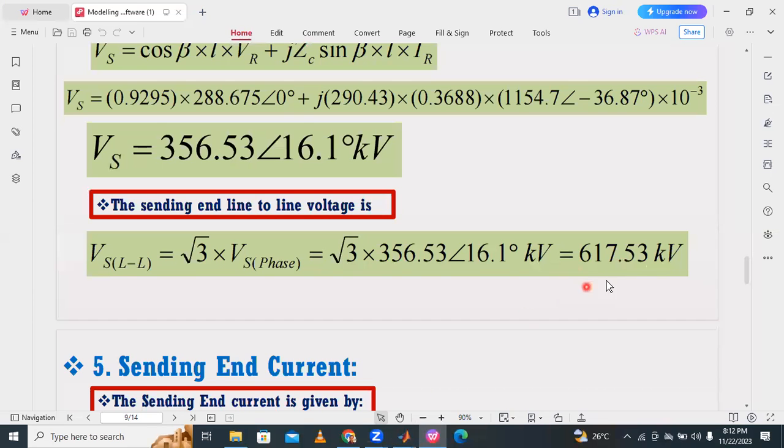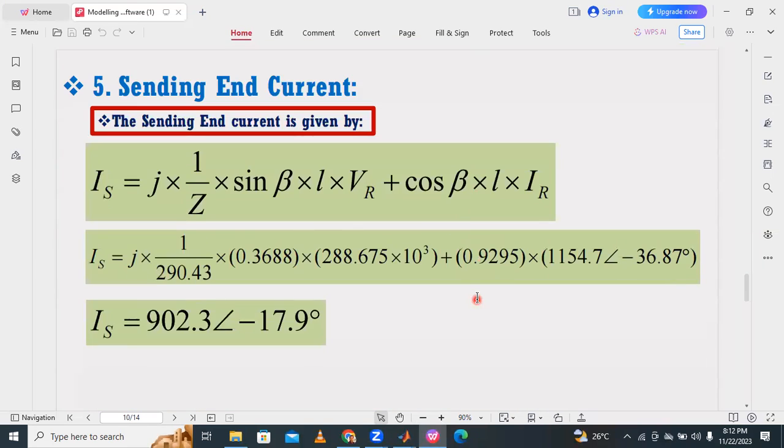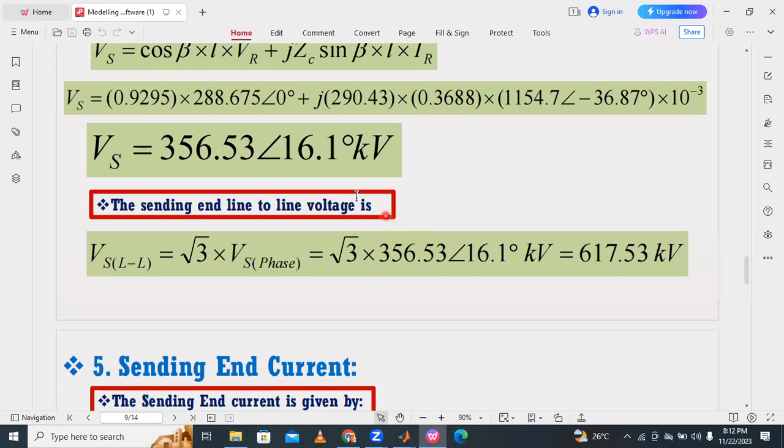We already calculated this; it is the 16.1 degree phase angle at the sending end.